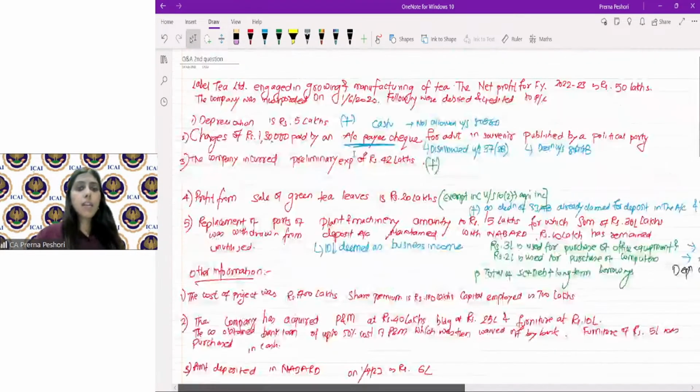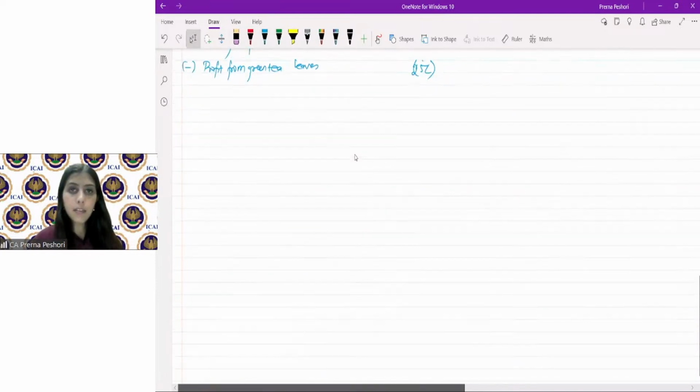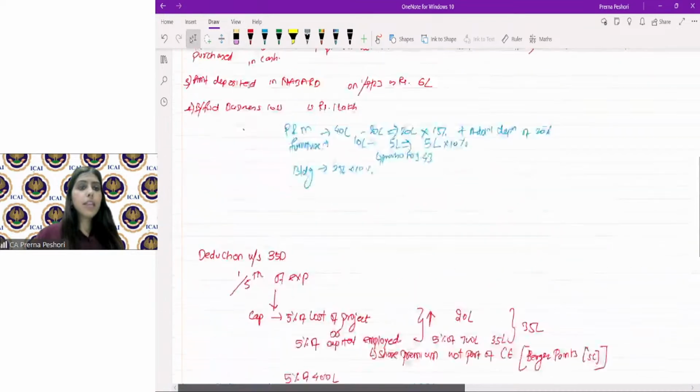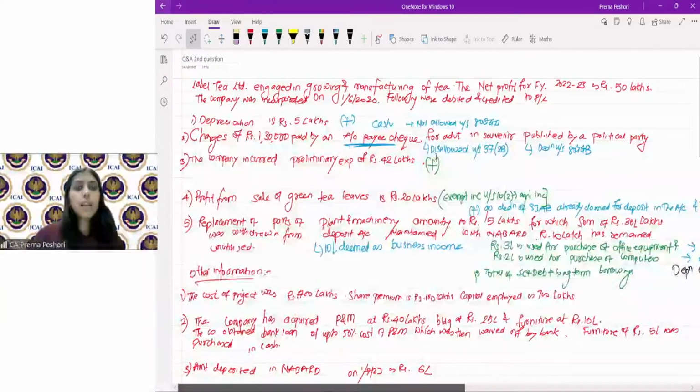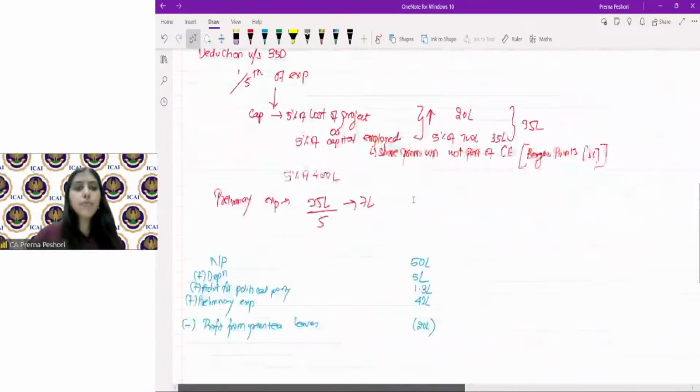Sorry, it's 20 lakh, not 15 lakh. Fine. Next, I have replacement of the parts of plant and machinery, 15 lakh.